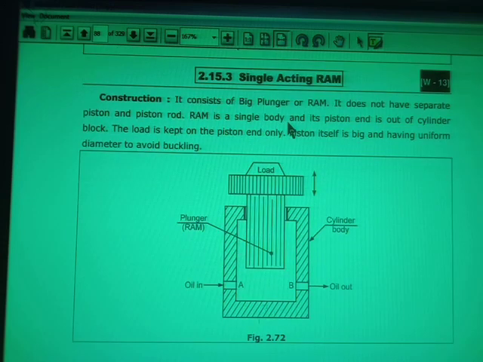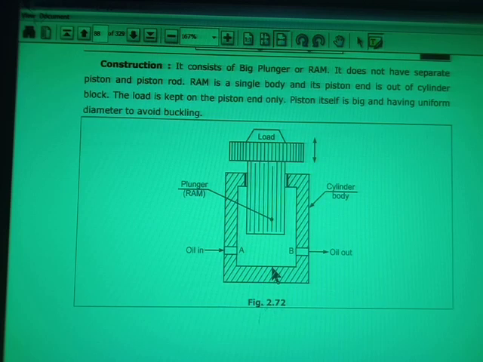Now second, we will see the single acting ram. There is a slight difference. The construction is similar to the single acting cylinder, but it is a ram. So what is the meaning of the ram? In this ram, the piston and rod end are made from one piece. They are not separate.